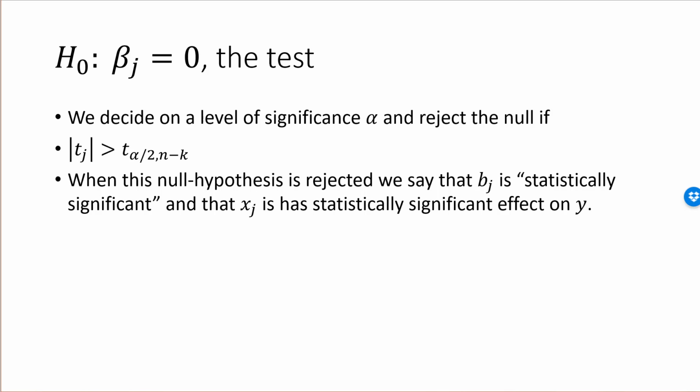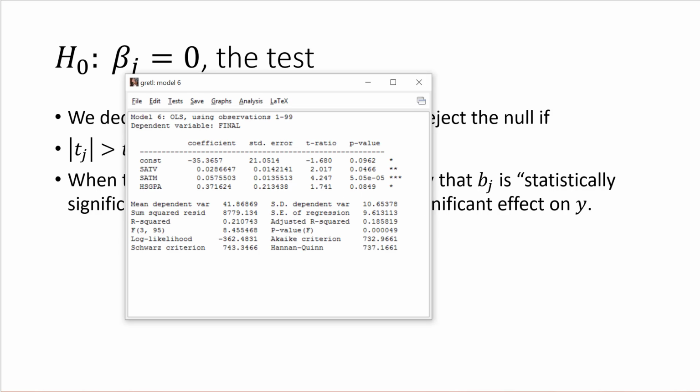Alternatively, meaning the same thing, we say that xj has a statistically significant effect on y. So looking again at our example, if we agree on 5% as our level of significance, we can find the critical value.